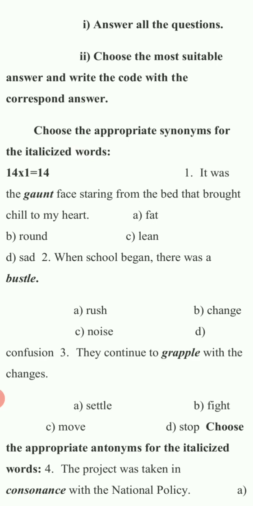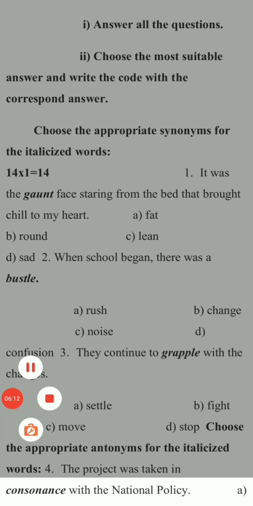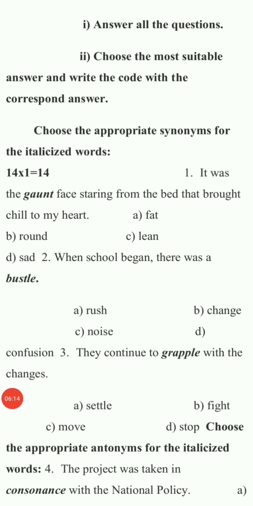First, choose the appropriate synonyms for italics words. Appropriate synonyms means correct meaning. 3 meanings you have to write. So, for that you have to revise the glossary in the book bag and get a lot of synonyms there. You have to revise that.